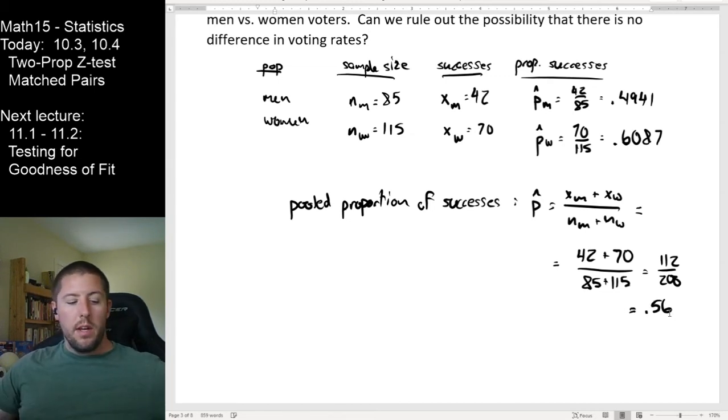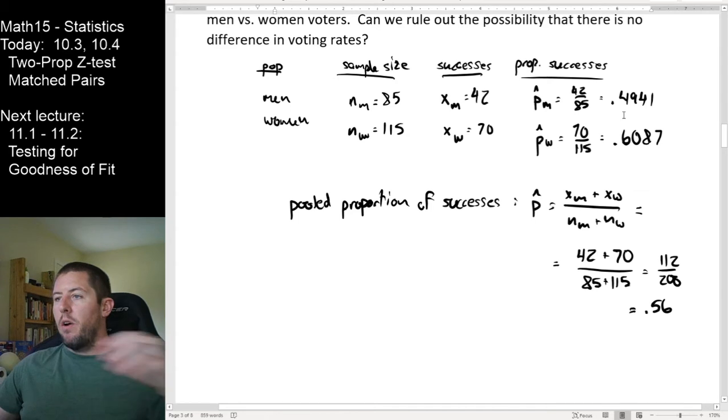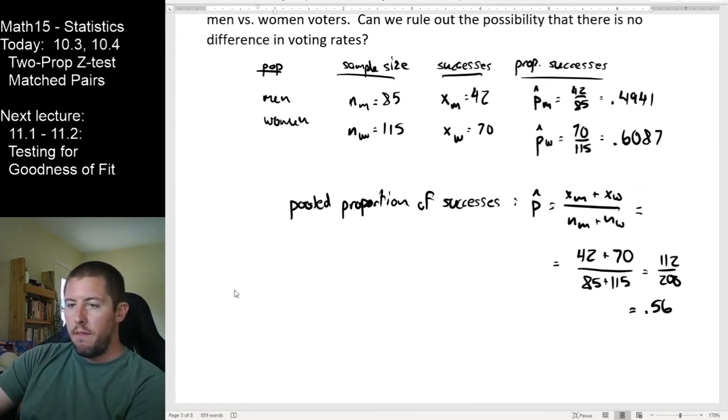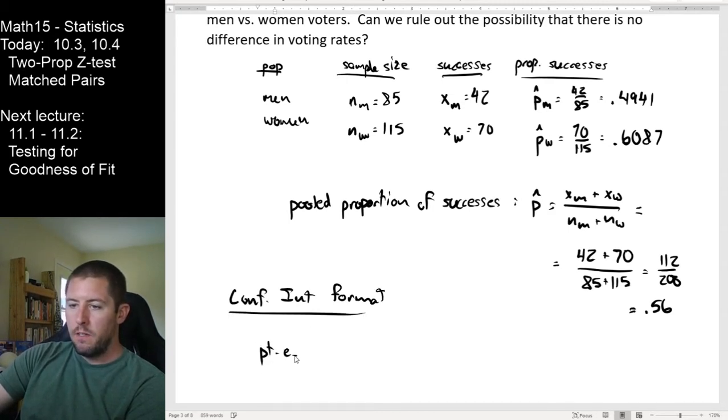So if we want to compute a confidence interval now, we can use the information that we've accrued here. We know that our confidence interval form is our point estimate plus or minus our margin of error.